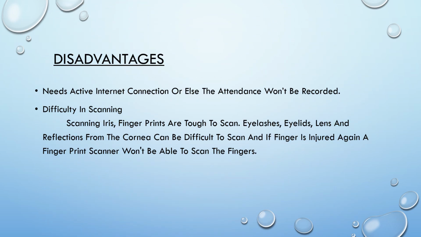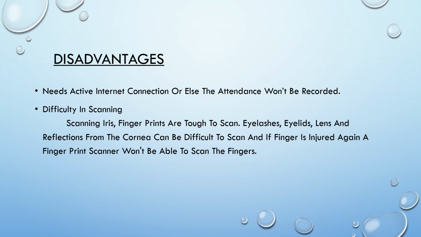Next is the disadvantage. The major disadvantage or drawback is that it requires an active internet connection, or else the attendance won't be scanned or recorded. So it is obviously a main drawback for people, institutions, and places where a cloud-based monitoring system is maintained.